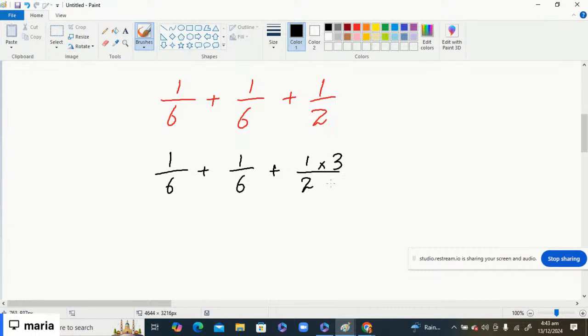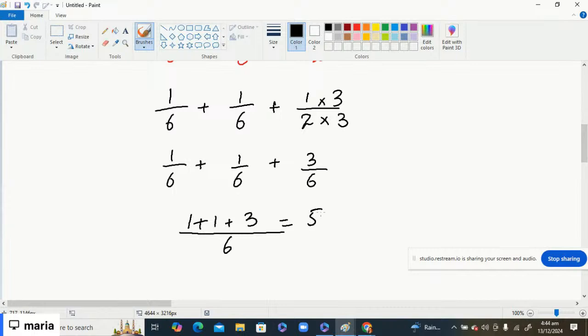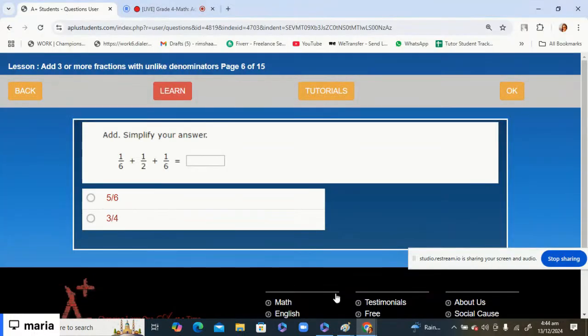With 3, because 3 times 2 is 6. So 1 by 6 plus 1 by 6 plus 3 by 6. Now putting 6 here, adding their top numbers, that is 5 by 6. Okay, let's see the answer.